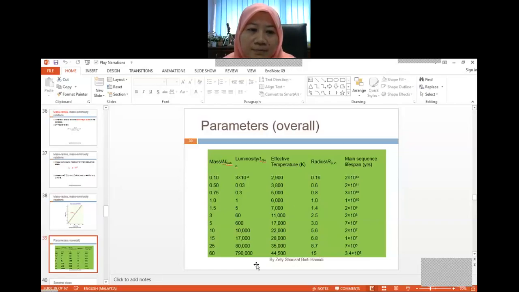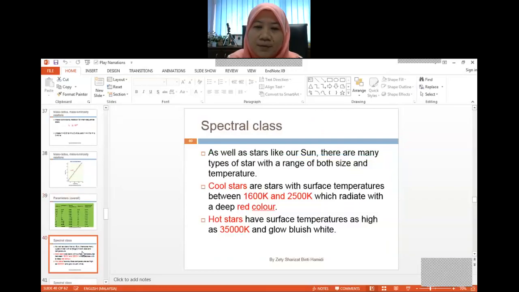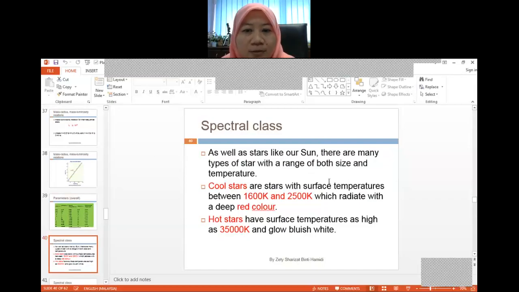Okay, so we move to the spectral class, which is also very important in the HR diagram. Basically, we can put it in two categories here, which are cool stars and hot stars. If we have cool stars, the range is about 1600 Kelvin to 2500 Kelvin with a red color.